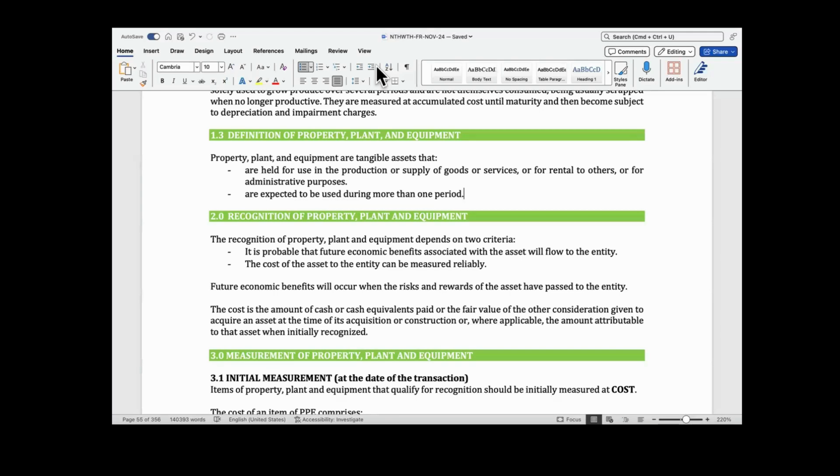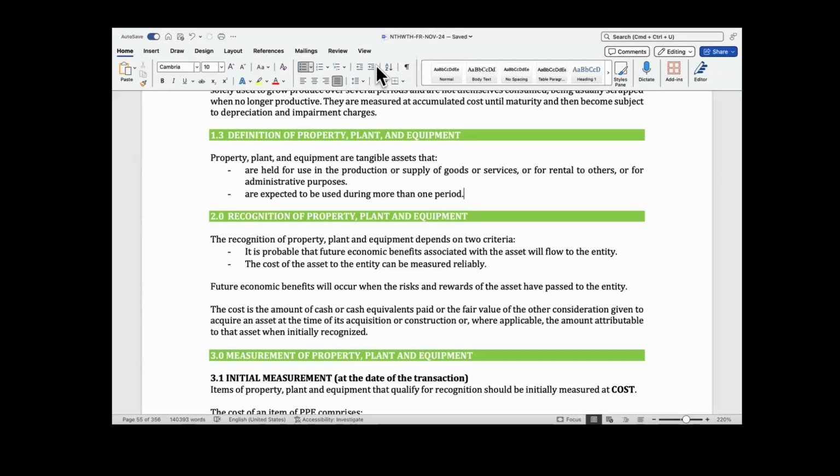So for some of you that are in practice, let's say you have some furniture and fittings that are not material. In the books, the way we would put it, we will call it furniture and fittings not capitalized. We would expense it in P&L.